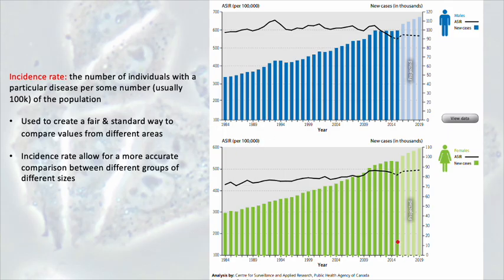So these two graphs are just kind of modeling incidence rate. So we can see new cases, we can organize it by males and females, and we can see for a given year per 100,000 people, how many individuals have been diagnosed with the given disease.